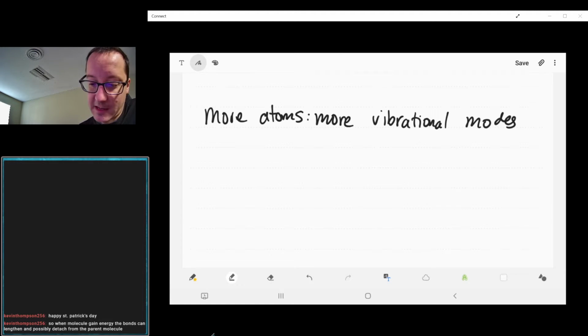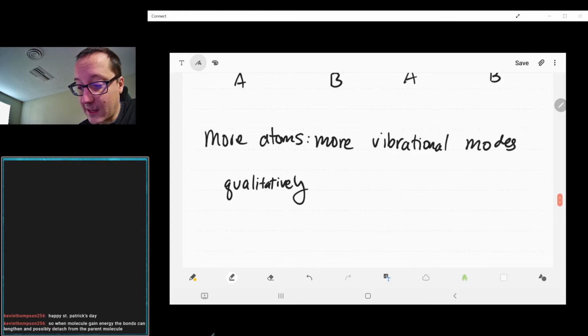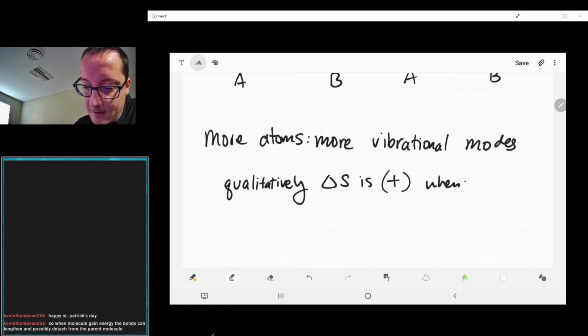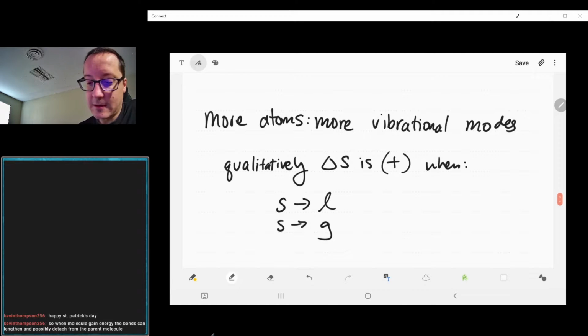So just to kind of reiterate, we saw that we can kind of qualitatively, we said this yesterday, but we'll say it again. Delta S is positive when we go from solid to liquid or solid to gas.